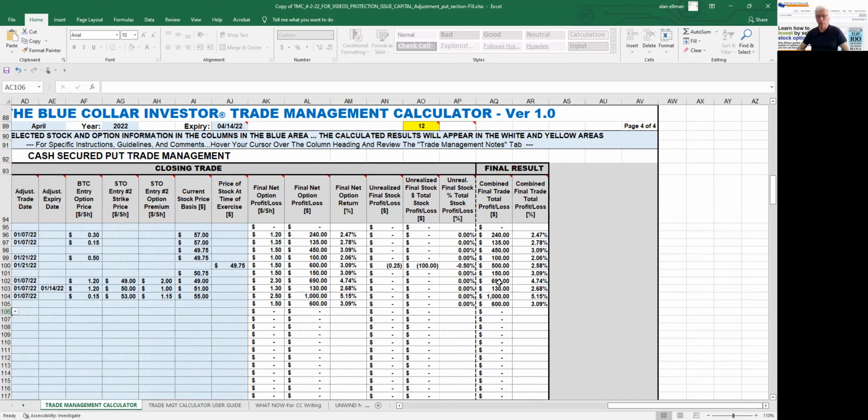And as with the covered call writing section, the last two columns are the important ones. It will give us our combined stock and option dollar profit or loss, and then based on our cost basis, our percentile return.